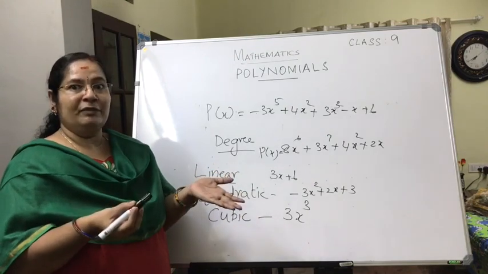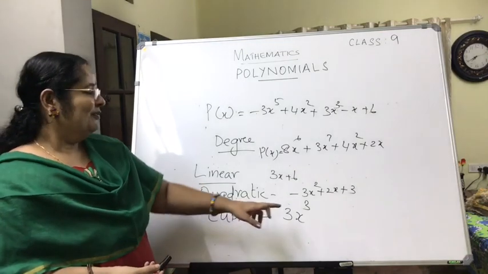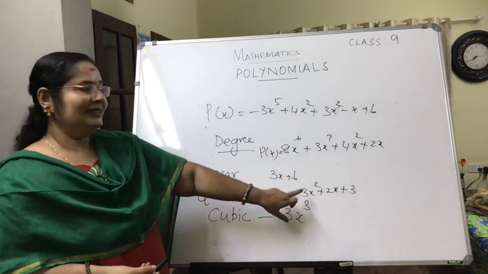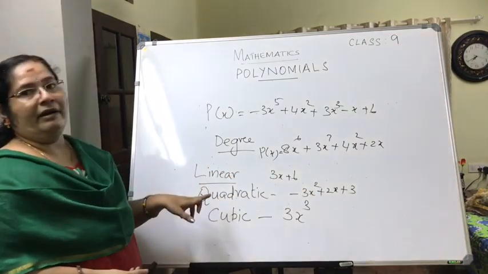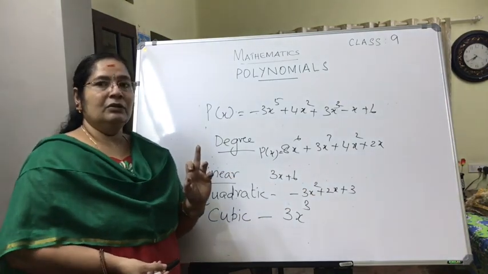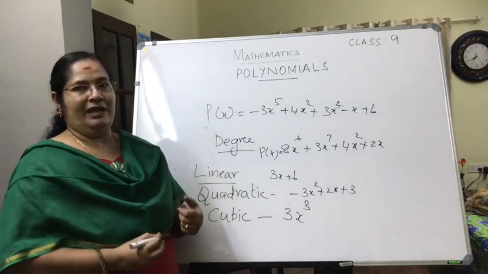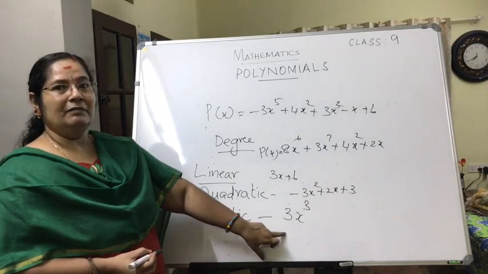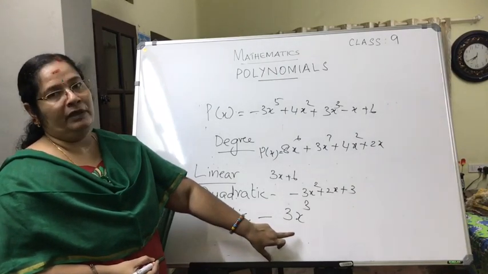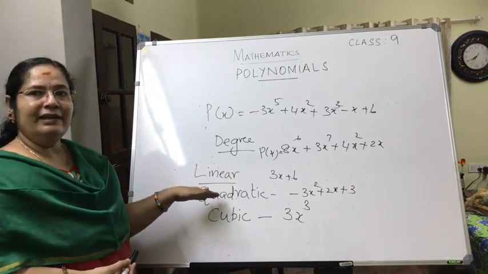How many terms does this one have? 3 terms are there. It is a quadratic polynomial, so you can call it a trinomial or quadratic trinomial. What is this? It is having only one term. So it is a cubic monomial. Even that you can call. So understood what is degree?